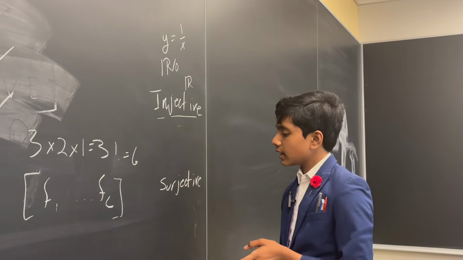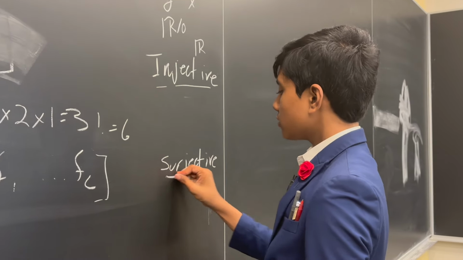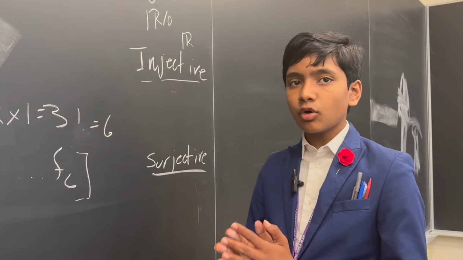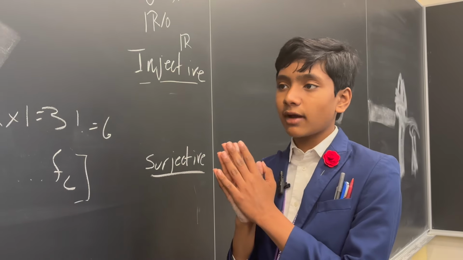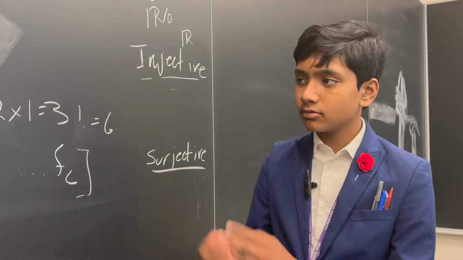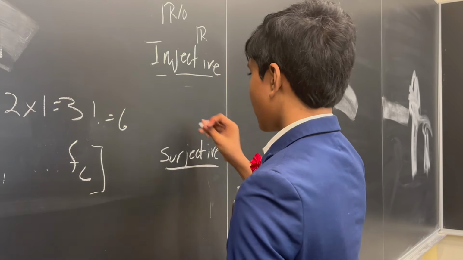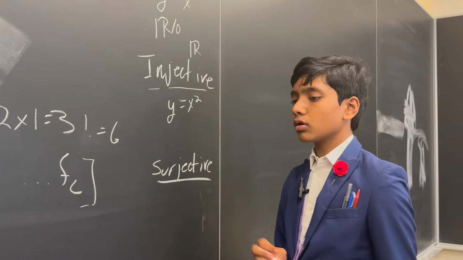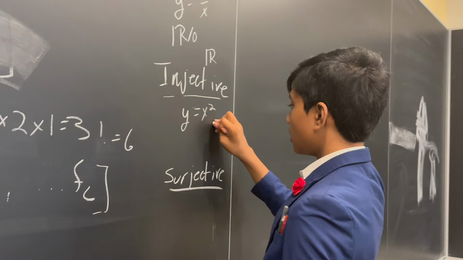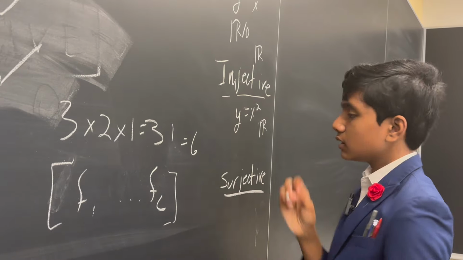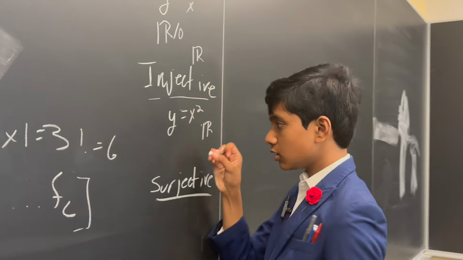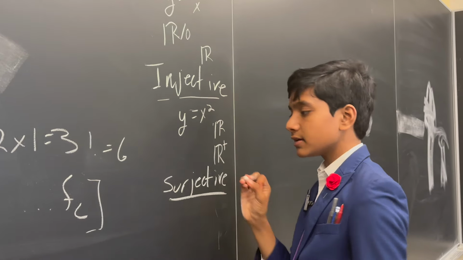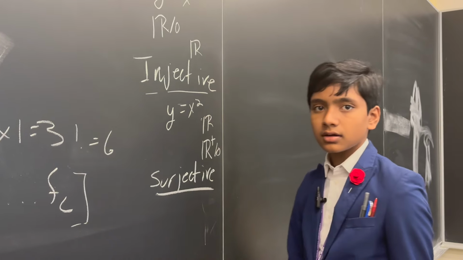All right. So now, what about surjective? Well, what that means is that some parts of the codomain don't have unique inputs. So, for example, take y equals x squared. The codomain is R, all of R. But the range is only the positive numbers, plus, of course, 0.